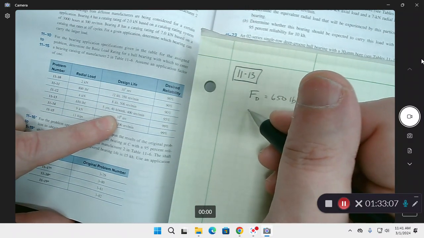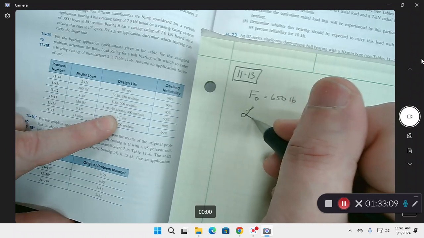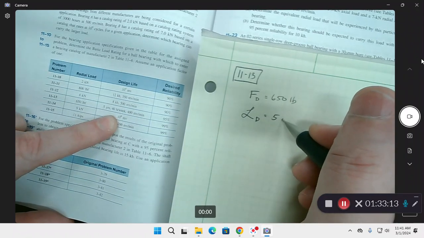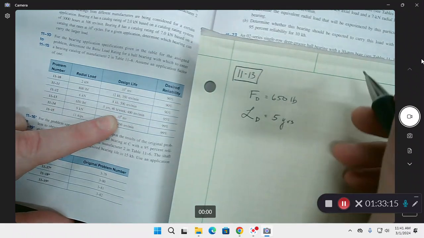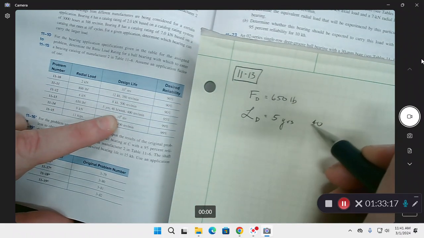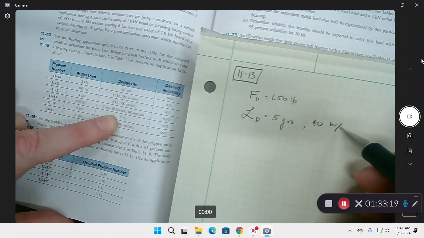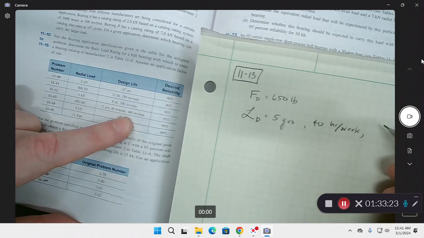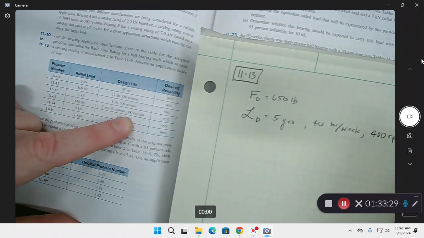The life we're going to have is 5 years, at 40 hours per week. Seems familiar. Did we do this one already? 400 RPM, and R is 95%.